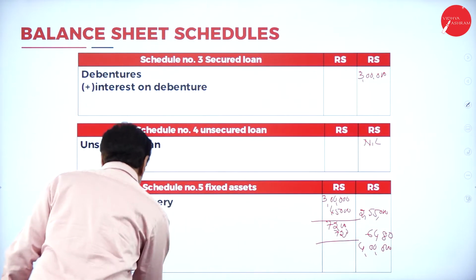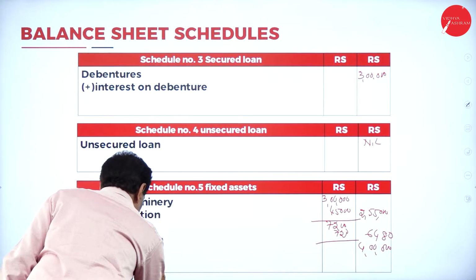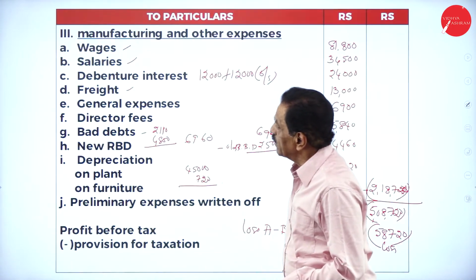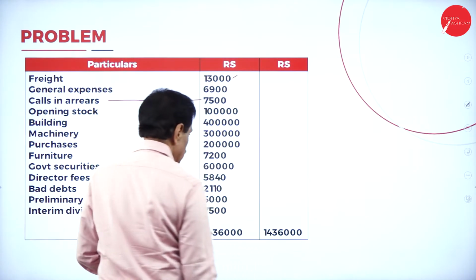Then there is a goodwill. In exam, there is a goodwill here. Goodwill is 33,000.